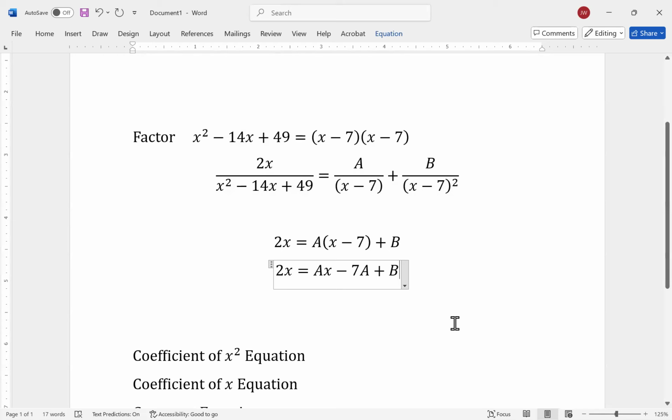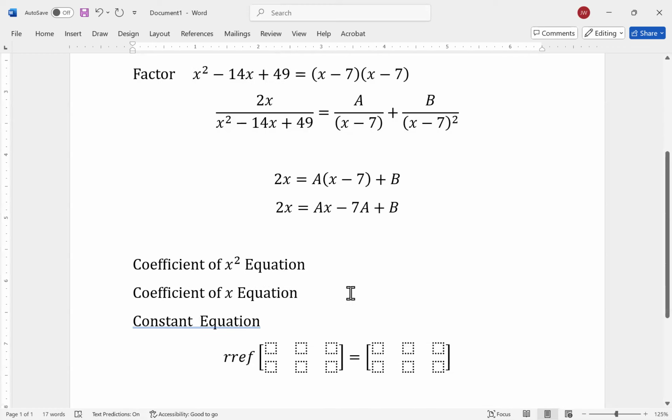And once again, this is a quadratic, so there's no coefficient of x squared equation, but the coefficient of x equation: on the right, I have just A. On the left, I have 2, so A has to be 2. The constant equation: on the left, the constant is 0.